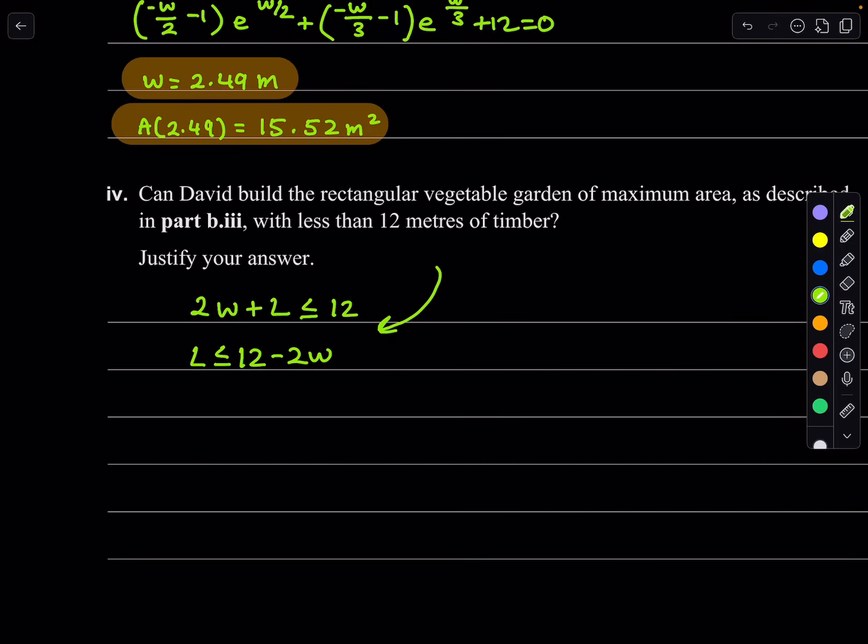Because if they satisfy it, then it's less than 12 meters of timber and we can actually build it. But if the width and the length don't satisfy this inequality, then we can't build it. And so that's what we need to do.